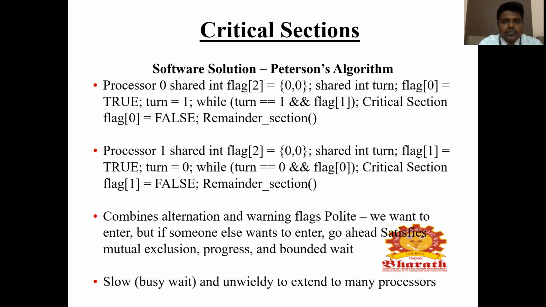Another mechanism is called the Peterson algorithm, a software-based solution, where processor 0 shares a flag, and the flag will be in the critical section, and which combines the alternation mechanism and flag mechanism. Want to enter, but if someone else wants to enter, it should satisfy mutual exclusion, progress, and bounded wait.